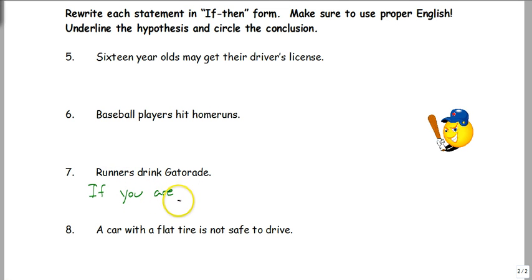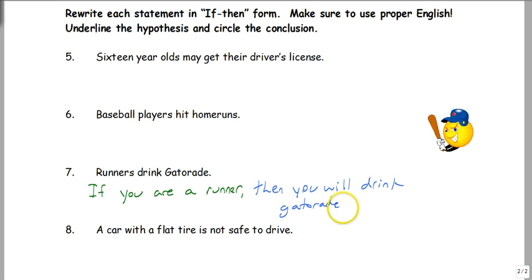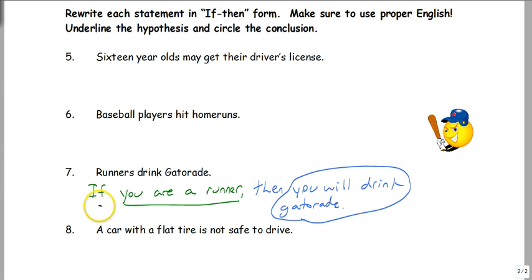So a conditional statement I can write is if you are a runner, then you will drink Gatorade. Then underline the hypothesis, everything after the if, and circle the conclusion, everything after the then.